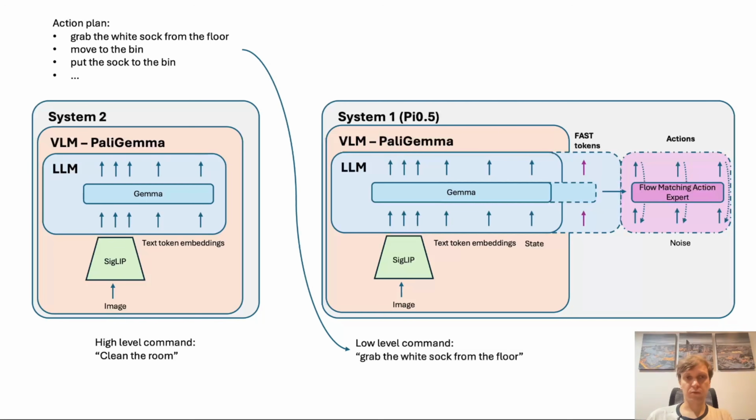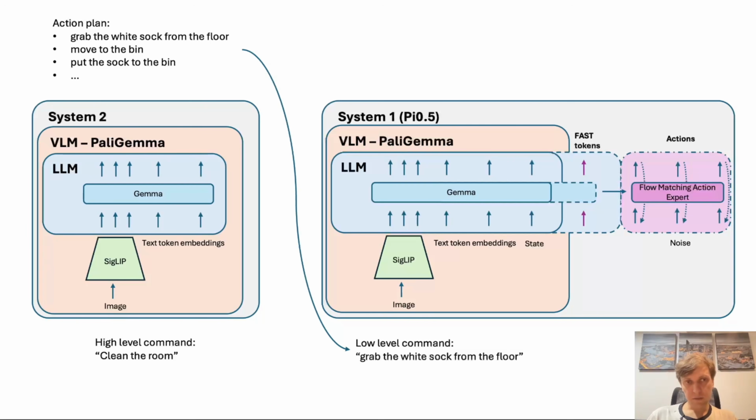For example, you can accept some correction during the task completion, and in this case, again, System 2 works like any LLM. If you take a picture of your room and send it to, let's say, ChatGPT and ask it to create an action plan for how to clean the room, ChatGPT will do it.